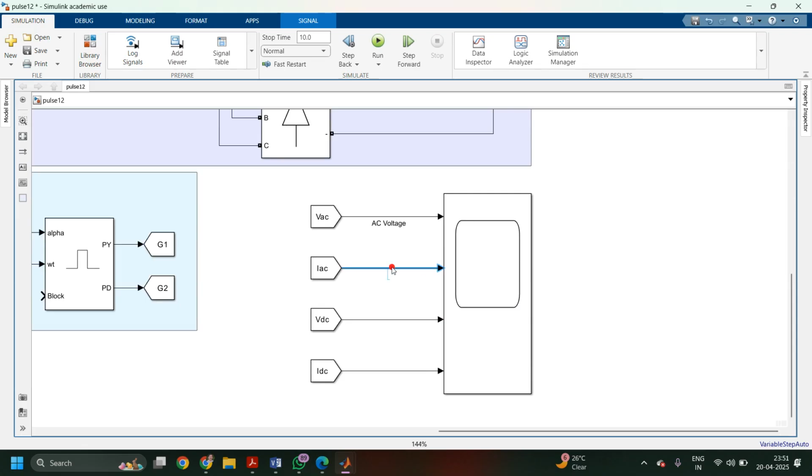Okay, so here we'll make this the AC current. Then this is the DC voltage, DC current. Here you can get the measurement.